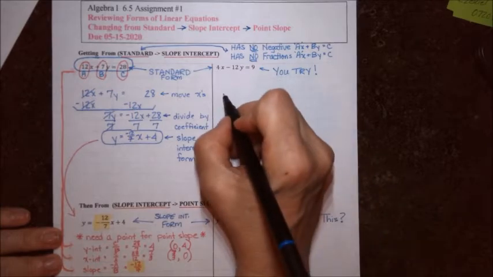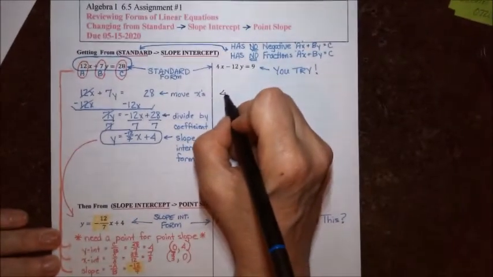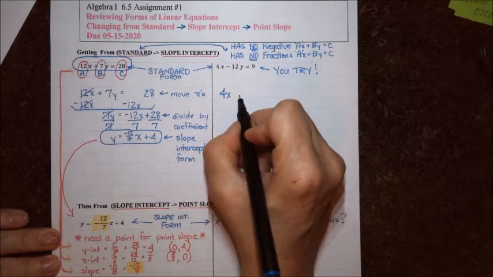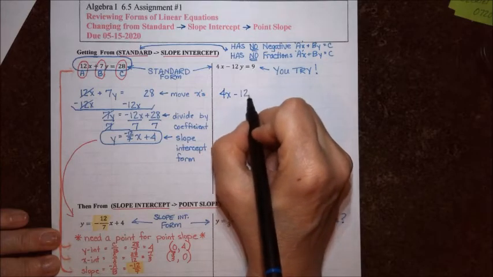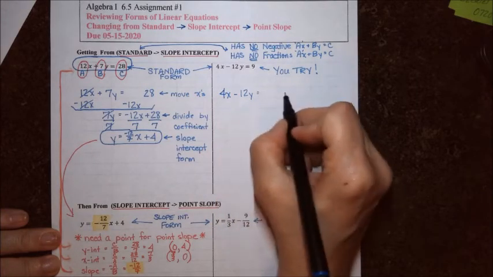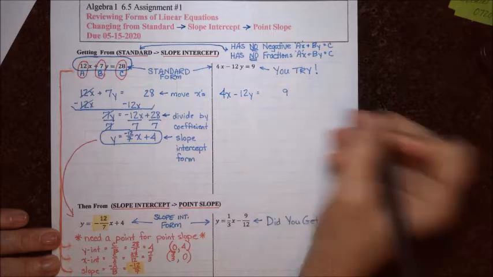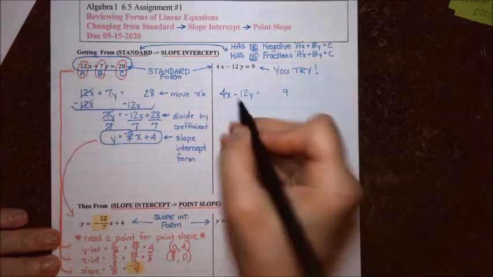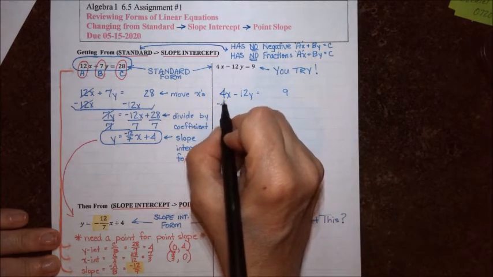So I'm going to rewrite, just as I did before, 4x minus 12y equals 9. I like to put the 9 out here just as a general rule because I know what's about to happen. All right, minus the 4x.